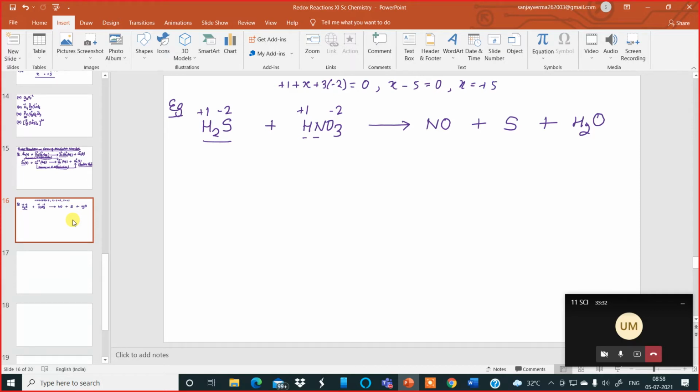So the oxidation number of nitrogen in nitric acid is +5. You are supposed to slowly train your mind to get the oxidation number mentally.